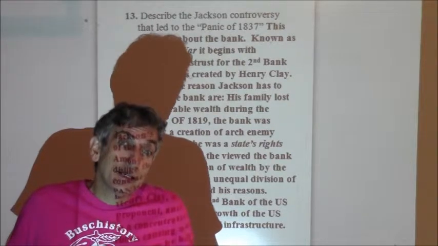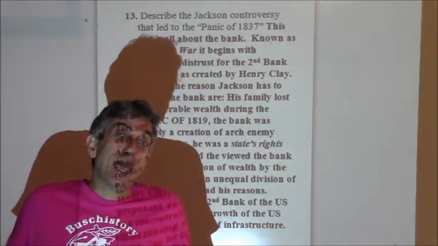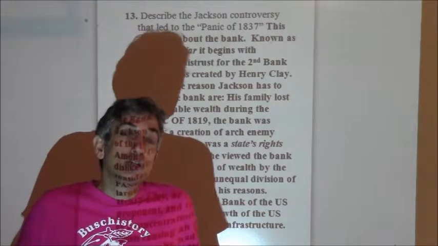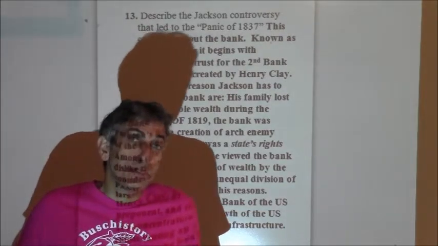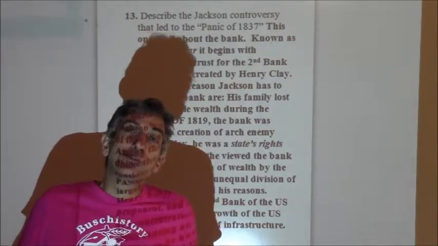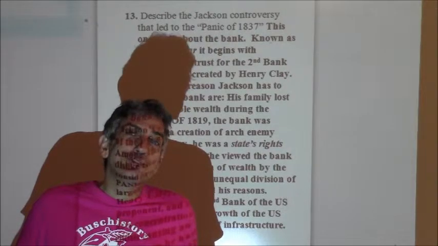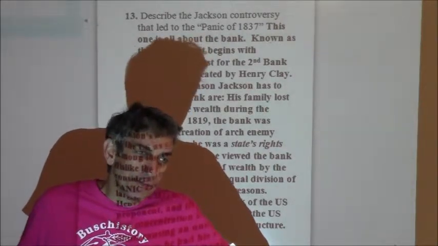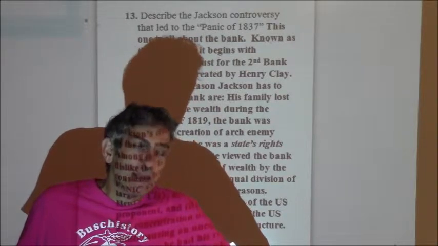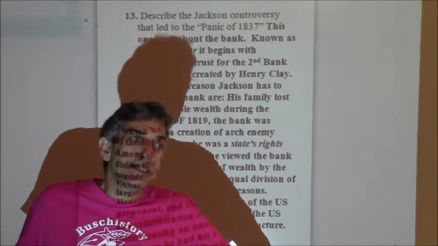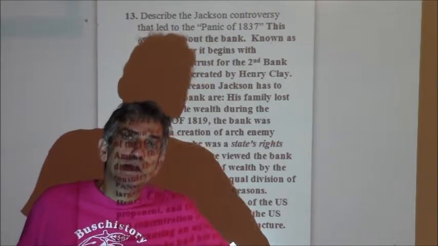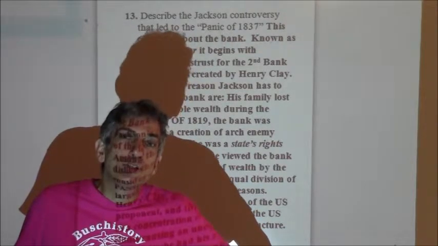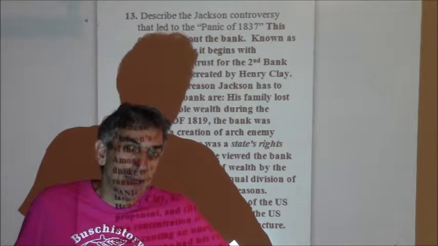On the 4th of July, Andrew Jackson had this bill on his desk to recharter the Bank of the United States. It was 1832. Well, on the 4th of July in 1832, Andrew Jackson, with a brief statement, said something along the lines of, in light of the ideas this nation was founded upon, I hereby return this bill to where it began.